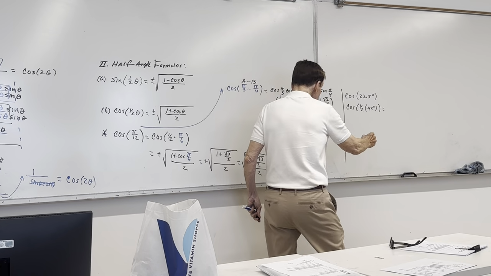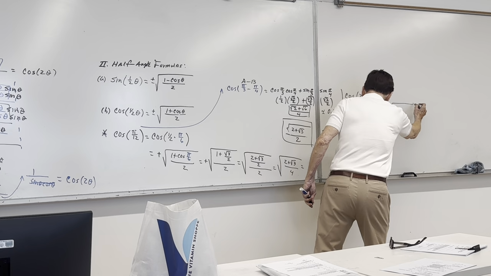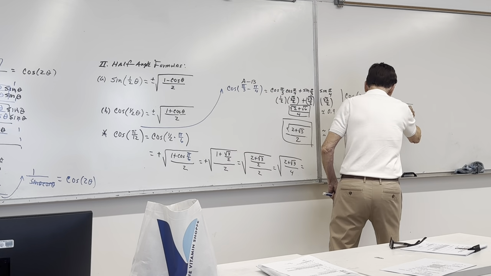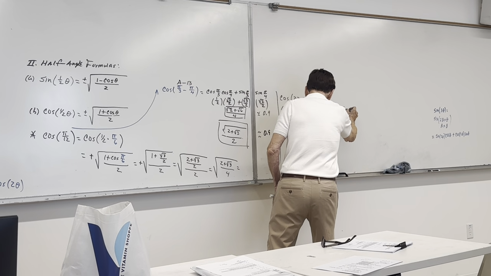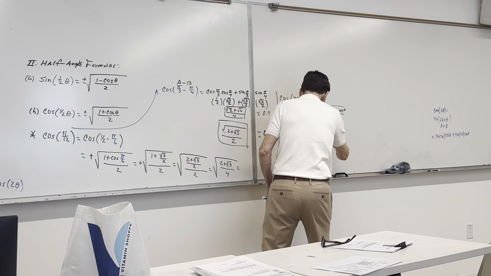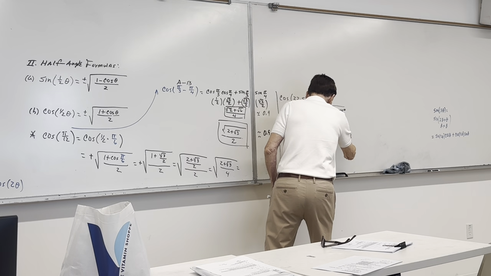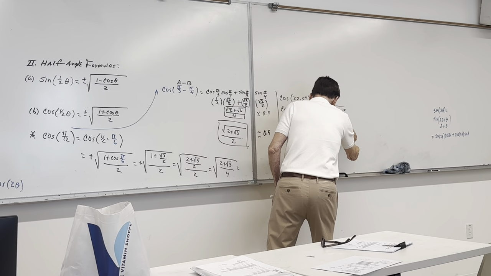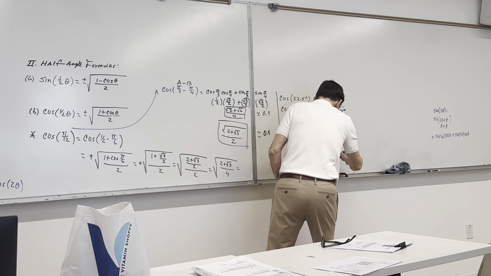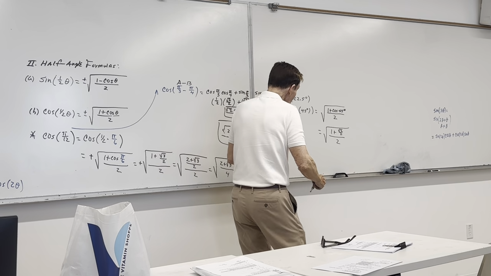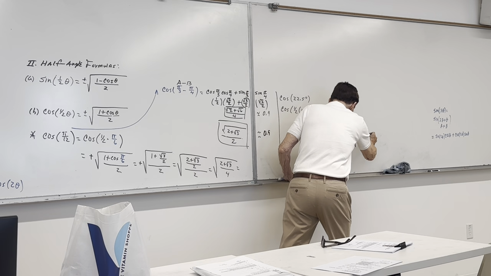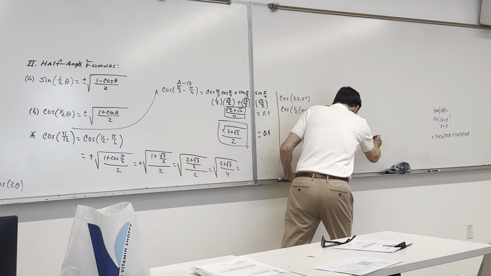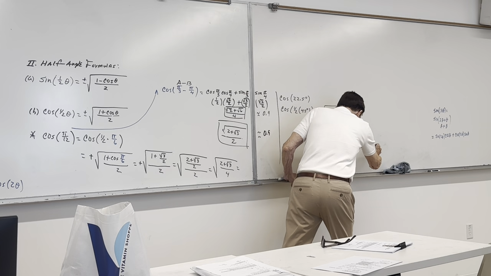So it should be equal to the square root of 1 plus cosine 45 degrees all over 2. 1 plus cosine 45, guys, I think it's square root 2 over 2, see if I'm correct, all over 2. Again, we're going to get a strange answer. Top part, common denominator, 2 plus radical 2 over 2, over 2.